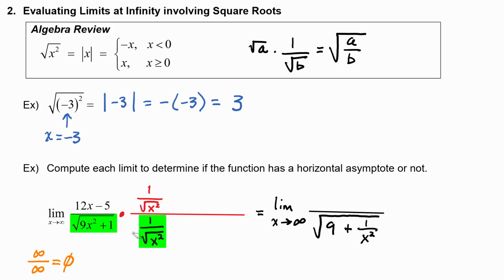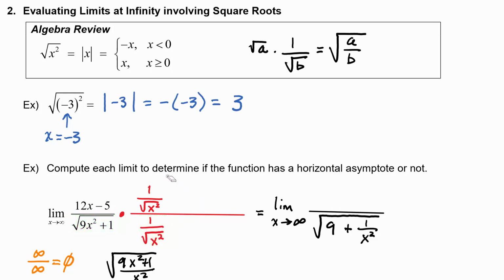They're both under the radical, so you could think of this as the square root of 9x squared plus 1 over x squared, and then we take that and split it into this.